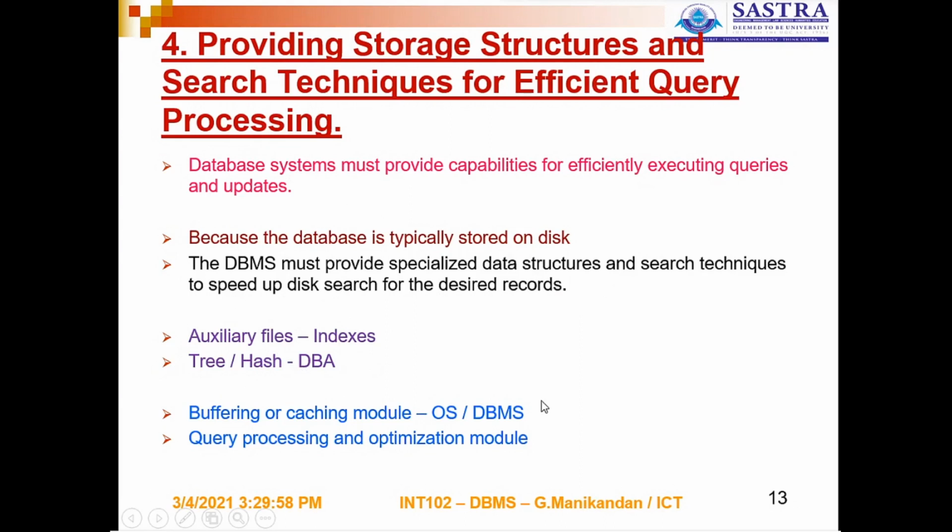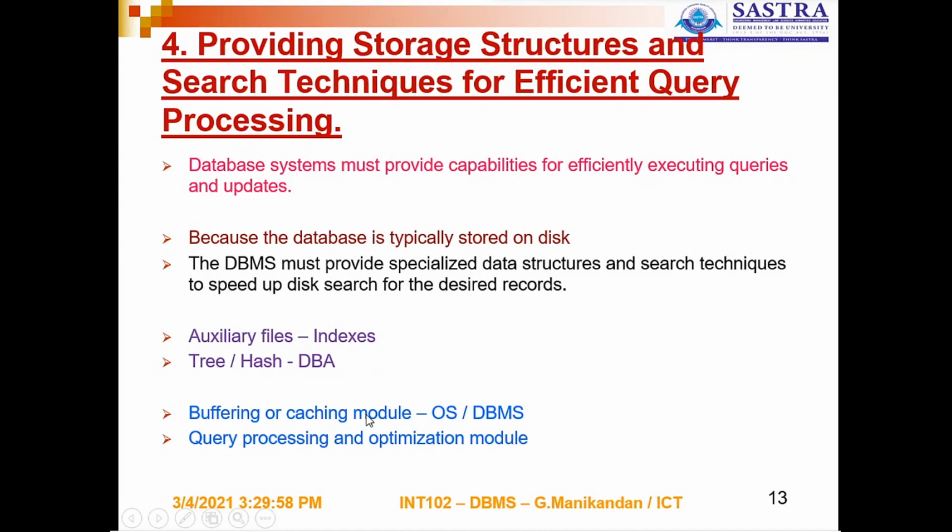Then in that case, how to increase the speed? We are going to employ the concept of buffering or caching. So your DBMS needs to coordinate with your OS to create a buffer or a cache memory. So part of your index file will be stored in your cache memory. Again, we have various issues.